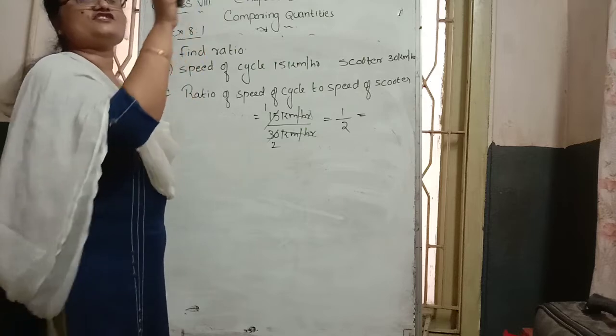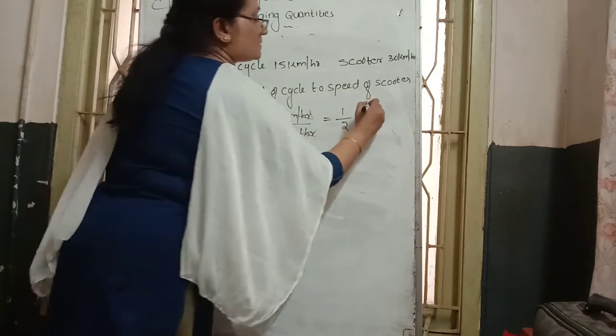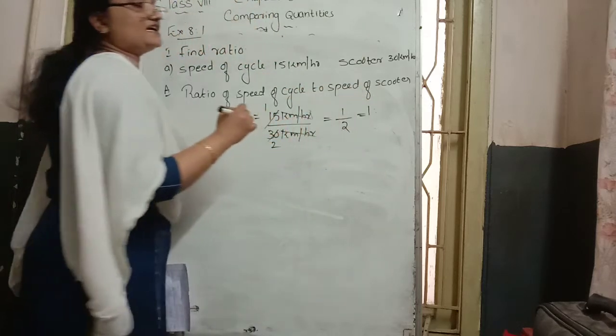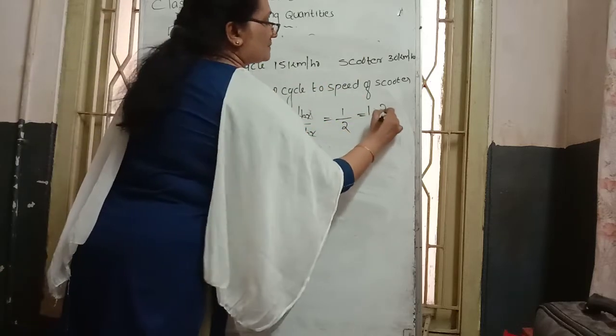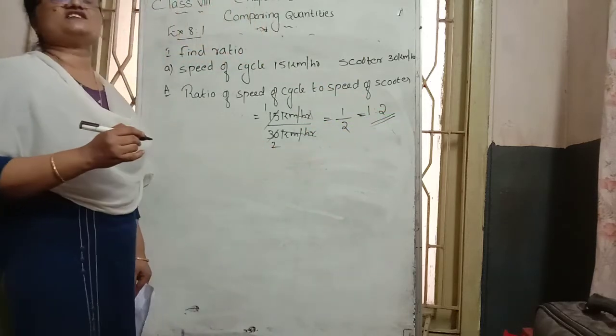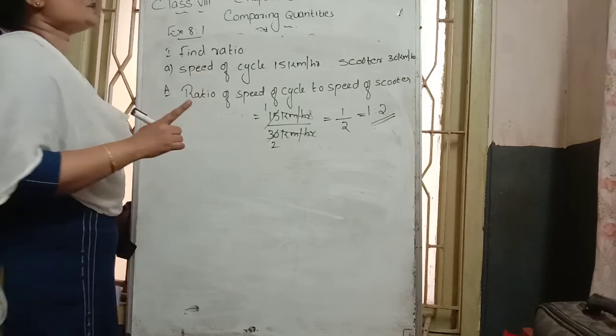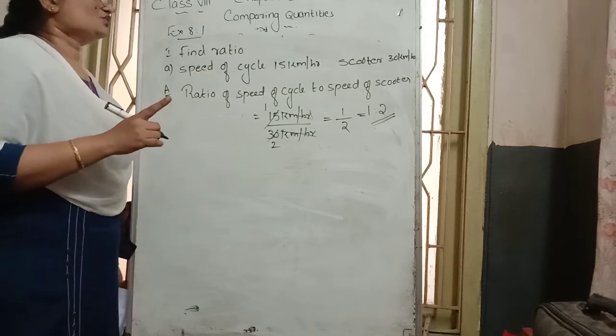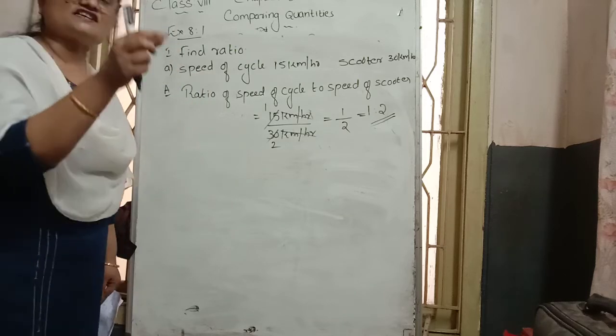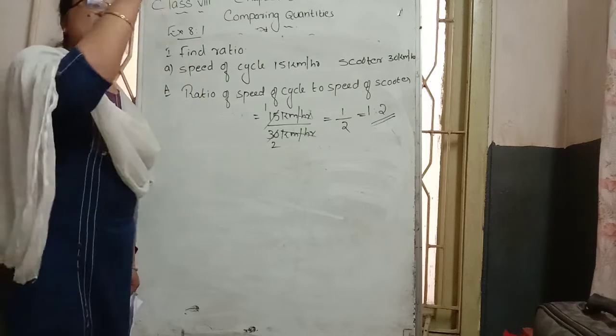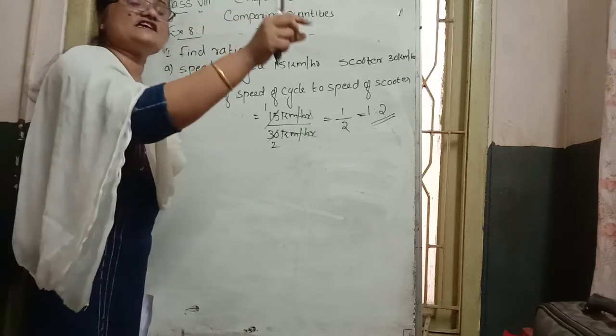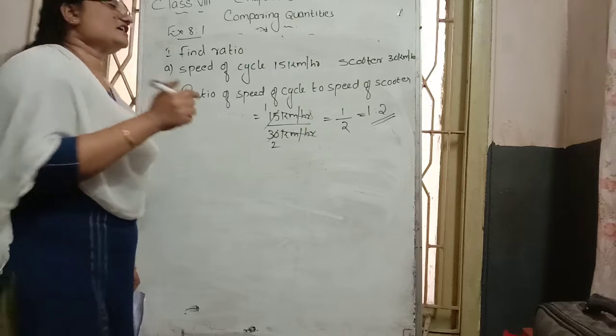The numerator part is written as 1 and the denominator part as 2. So 1:2 is the ratio form of the speed of cycle to the speed of scooter. First we write it in fractional form, cancel, and finally write it in ratio form.